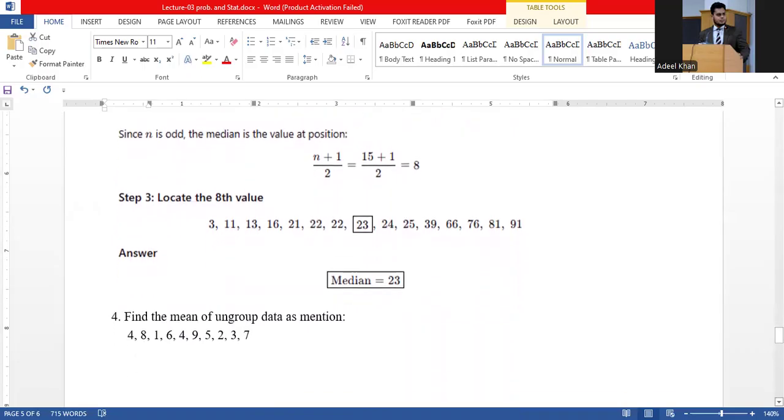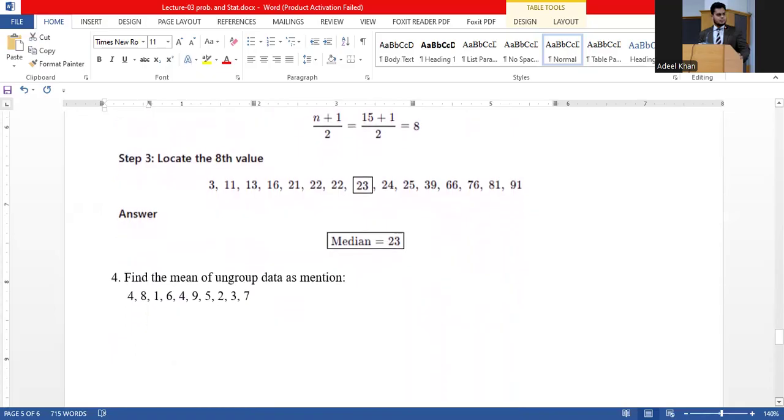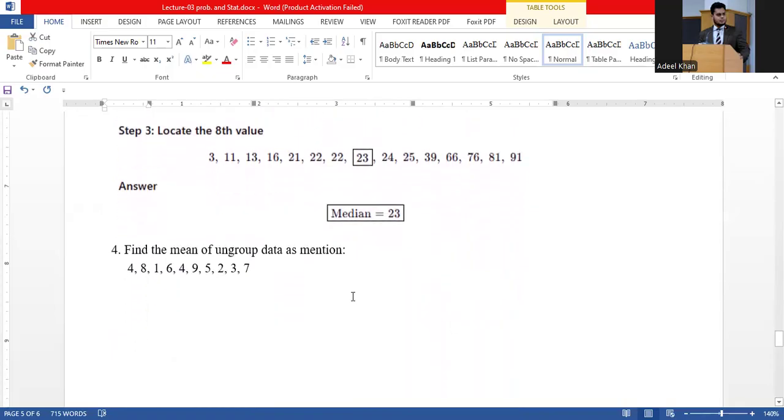Coming toward the fourth topic of this aspect, that is, find the mean of ungrouped data. As mentioned, this is another data set which is arranged over here, and we need to find the mean of this data. So how do we find the mean?